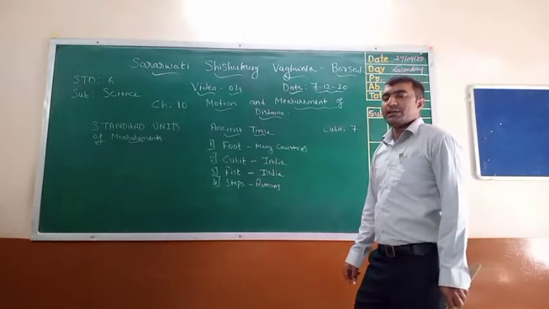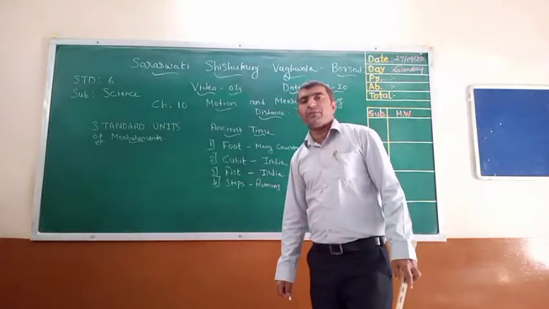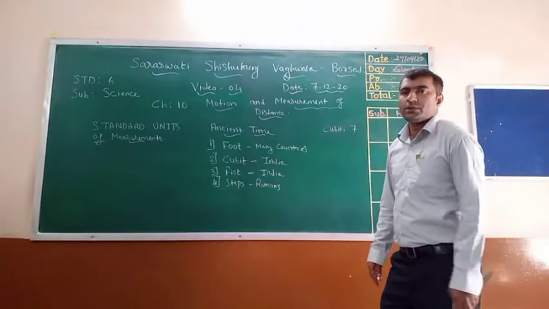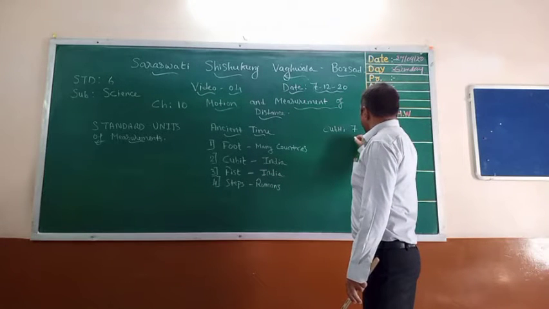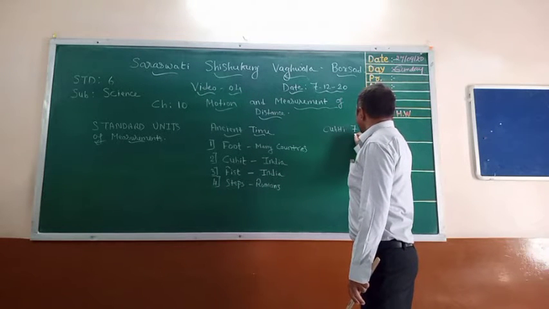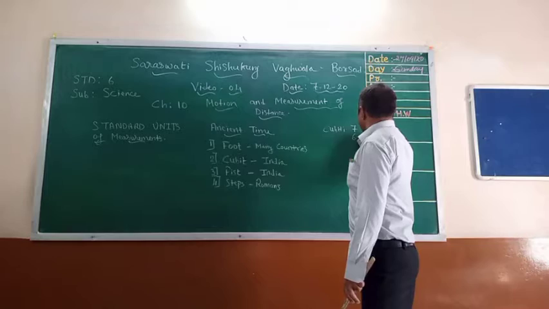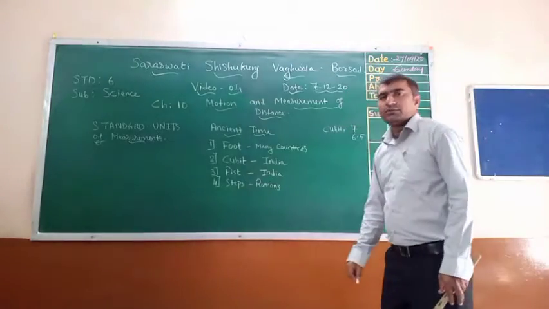If I tell one of my friends to measure the board with the cubit, he will measure near about 6.5 cubit. Why?